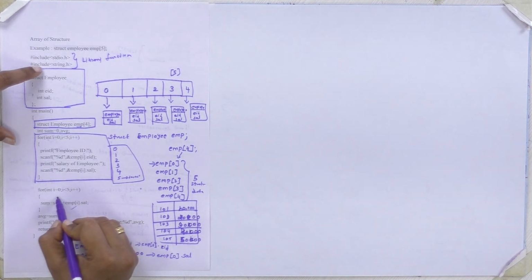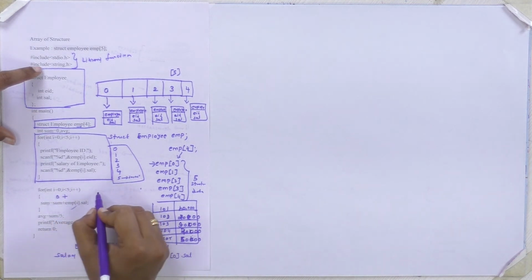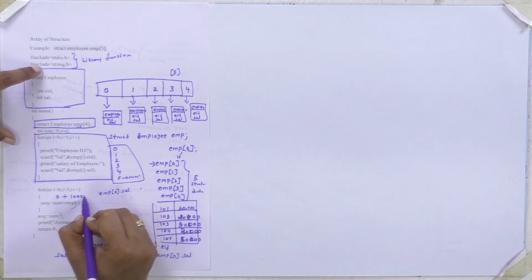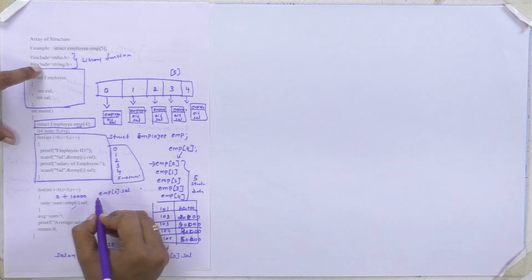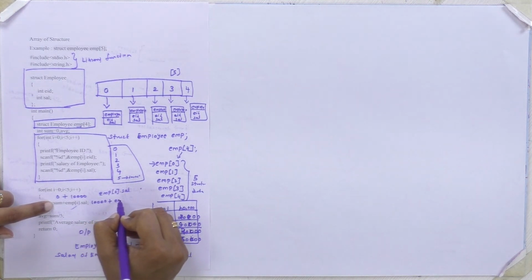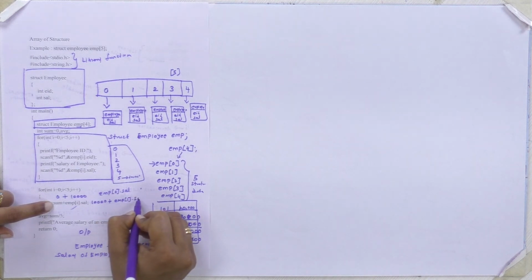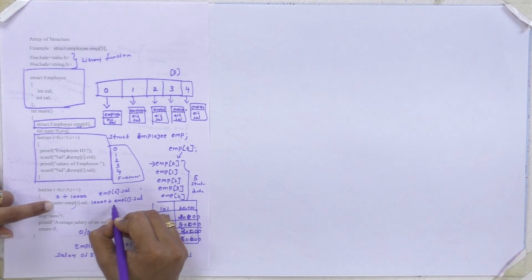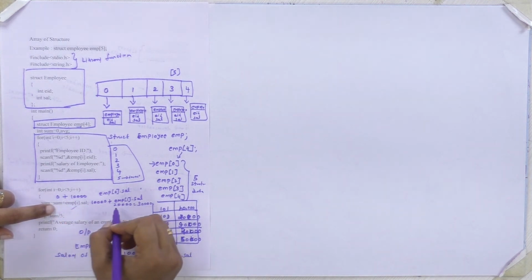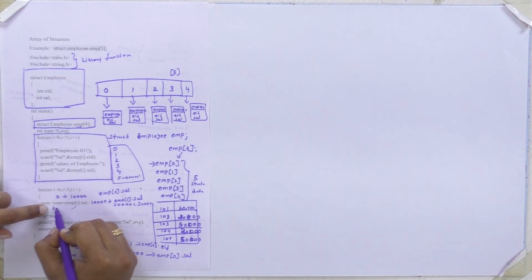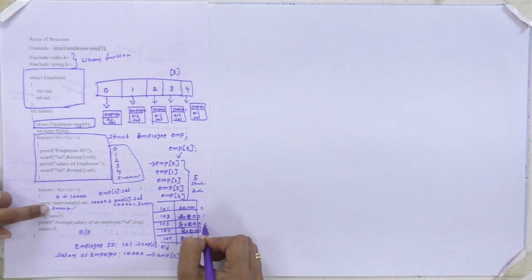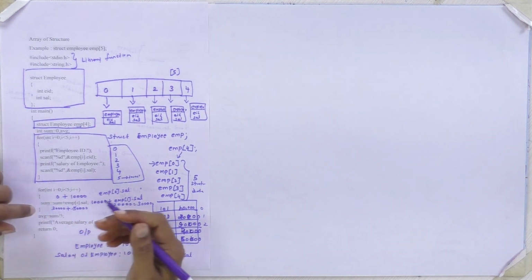In the first iteration, sum is 0 plus employee of 0 dot salary, which is 10,000. In the next iteration, sum is 10,000 plus employee of 1 dot salary, 20,000, so the sum will be 30,000. In the next iteration, 30,000 plus employee of 2 dot salary, 30,000, so the sum will be 60,000.